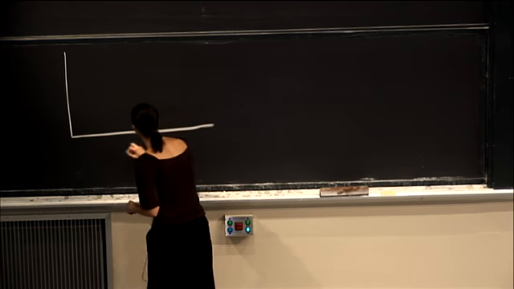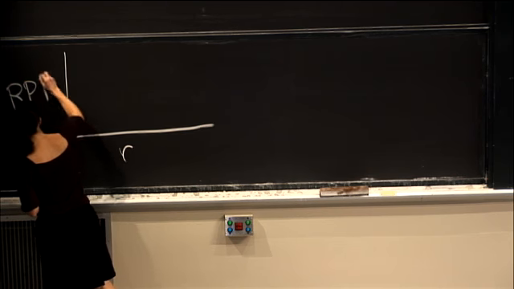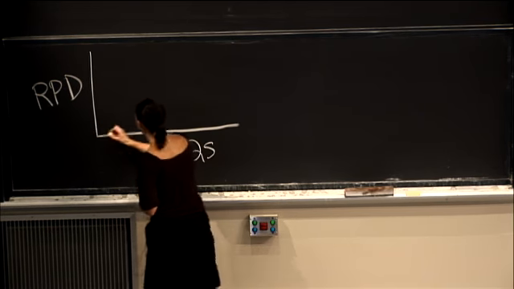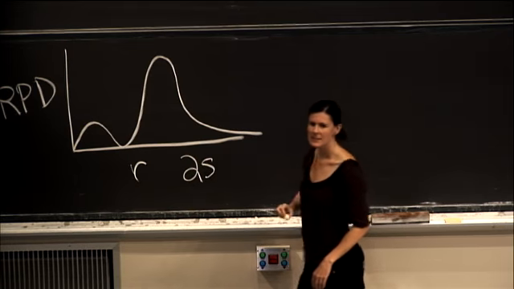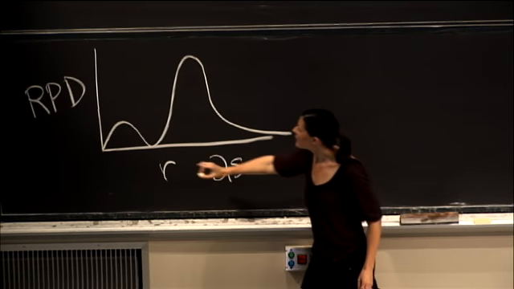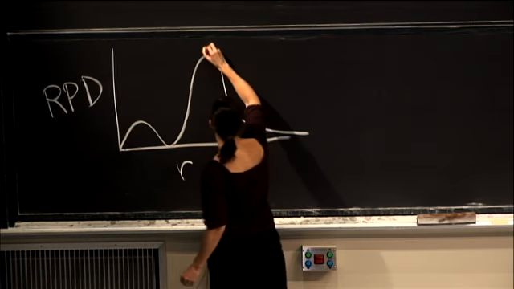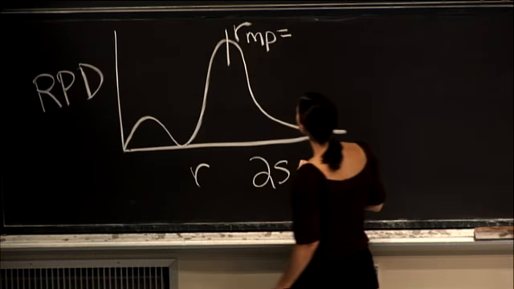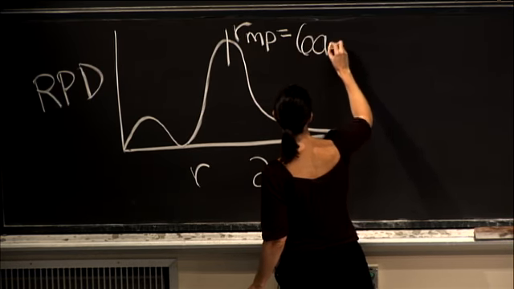So what we're graphing here is the radius as a function of radial probability. And for a 2s orbital, you get a graph that's going to look something like this. So again, we're starting at 0. We have one node here. And we can again define that most probable radius. And it turns out that for a 2s orbital, that's equal to 6 times a naught.